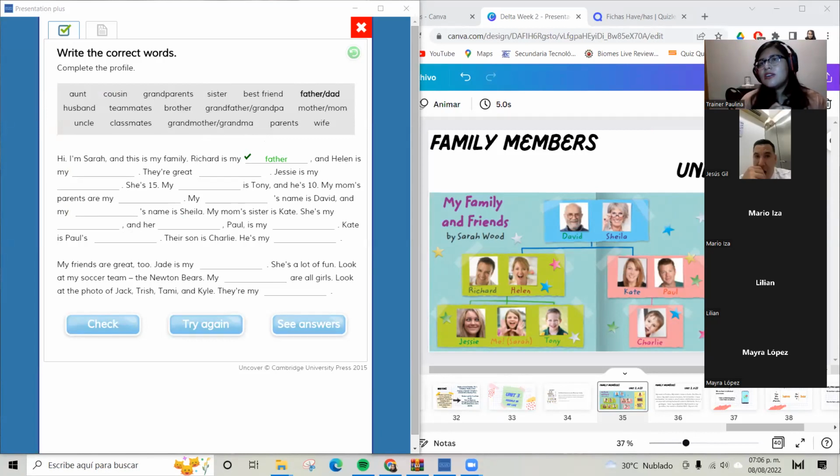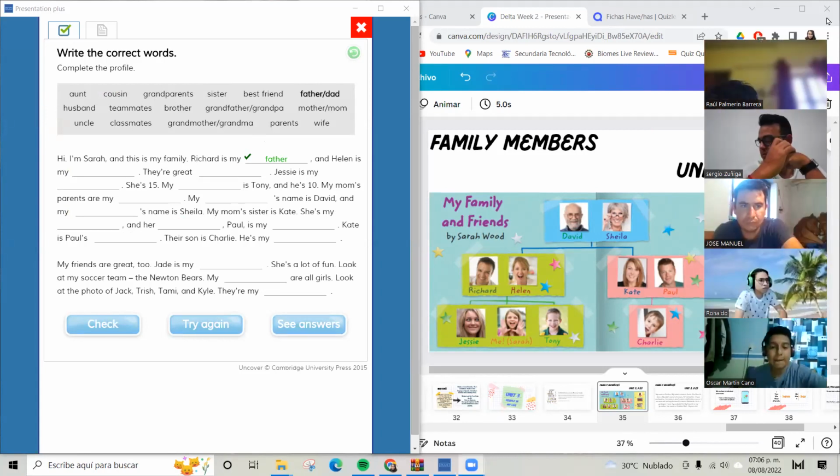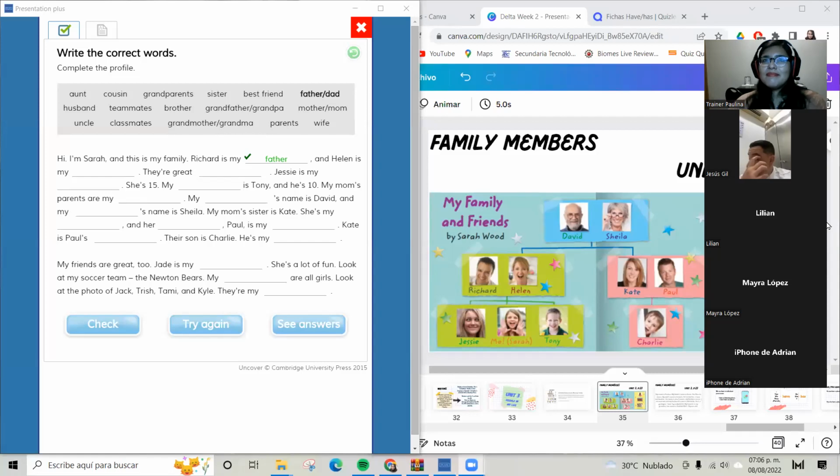¿Entendimos instrucciones, chicos, o quieren que las repita? Yes, repeat, please. Okay, I'll go ahead and repeat. ¿Qué vamos a hacer, chicos? Aquí arriba yo tengo el vocabulario que aprendimos el viernes. Tío, tía, mamá, papá, grandparents, cousin, mom, wife, etc. Y aquí abajo tengo un párrafo donde Sara escribió información sobre su familia.